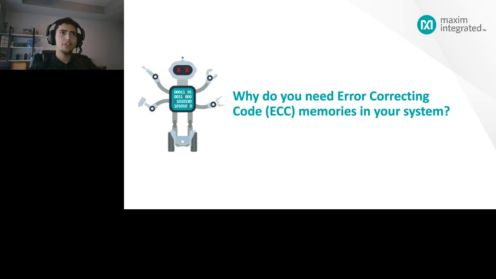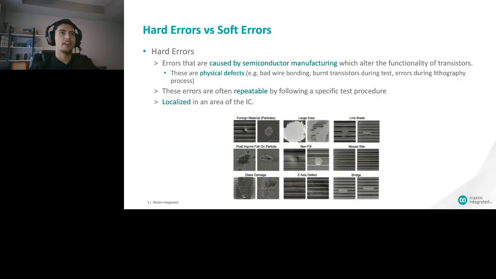So the first thing I want to do is talk about the two types of errors that we typically see within our integrated circuits. The first one, we're going to start with hard errors.